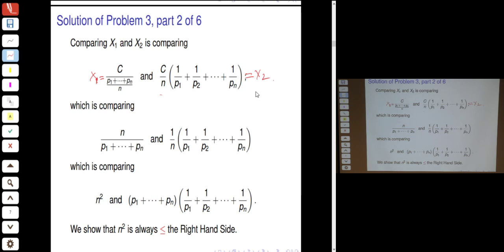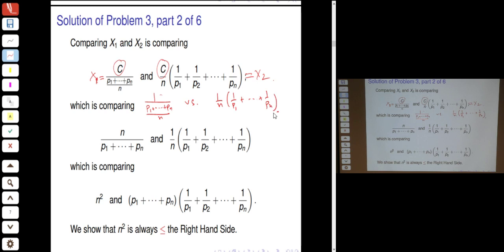Notice that the C is common, it's a common factor. So the exact value of C wouldn't matter. So in reality, it's a competition between 1 over P1 plus up to Pn by n and 1 over n times 1 over P1 plus up to 1 over Pn.